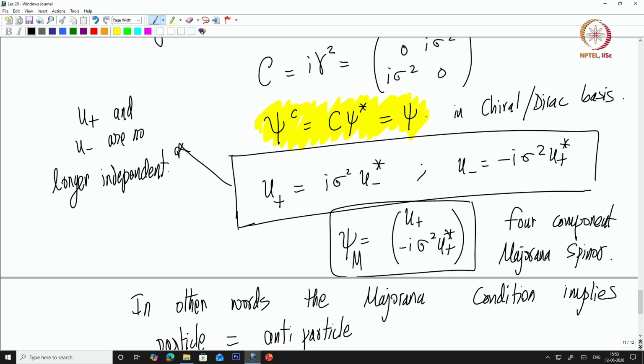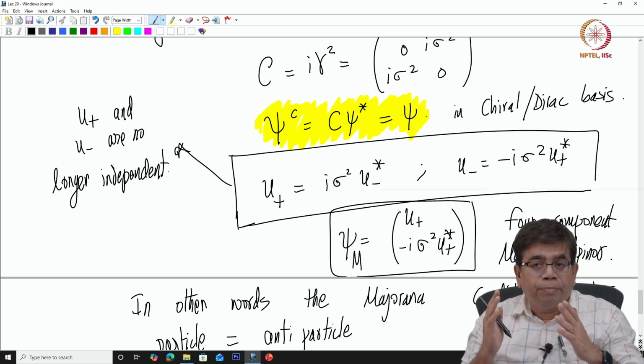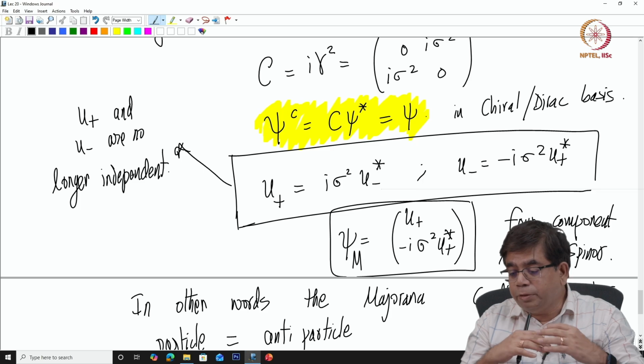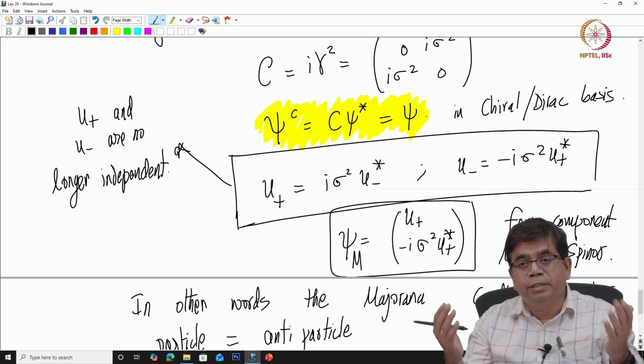So, this tells you that the number of degrees of freedom is reduced. As we will see, while the left chiral spinor represents a particle moving in the left-hand direction and an antiparticle moving in the right-hand direction, the right chiral spinor represents a right-moving particle and a left-moving antiparticle. But what does the Majorana condition do?